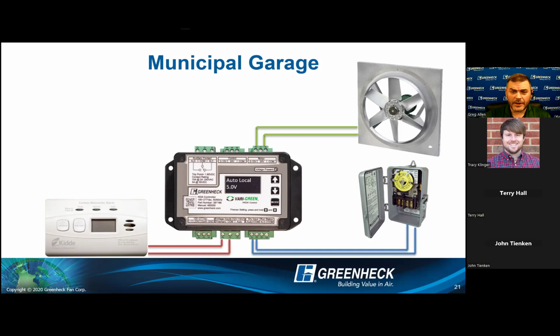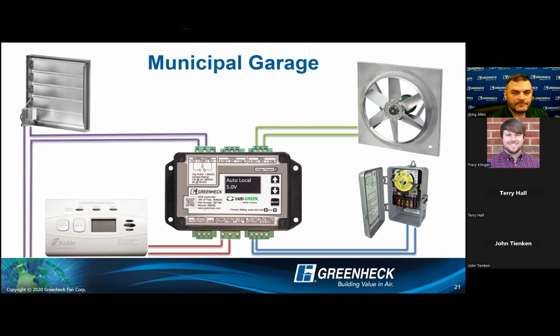In this scenario, that's a good call. Whether it's 8 to 5 or not, if there's a high carbon monoxide content, I want to be able to respond to that, and I'm going to go to a full speed, a purge speed per se. This has two official set points for speed reference that you can plug right into it using the 3 buttons on the face. All right, just a little more complicated.